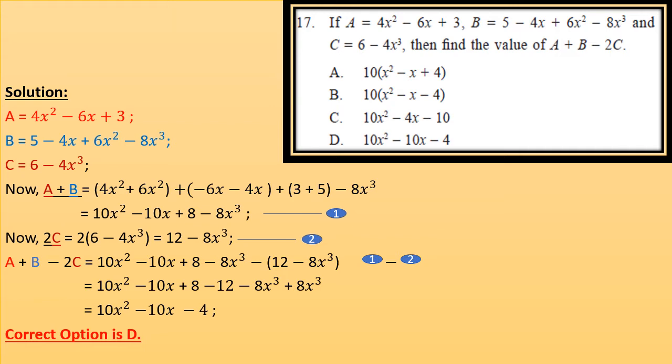So we will get the result as 10x square minus 10x plus 8 minus 12, and minus 8x cube plus 8x cube will be 0. So we'll get 10x square minus 10x minus 4. 8 minus 12 is minus 4. So correct option is D.